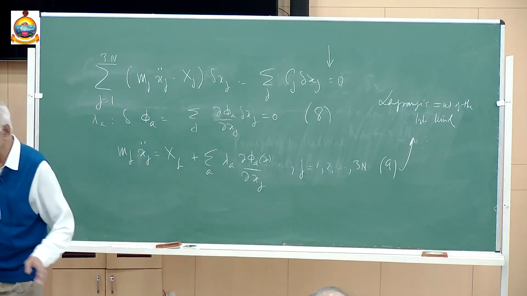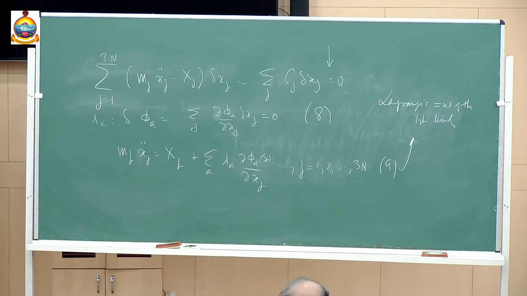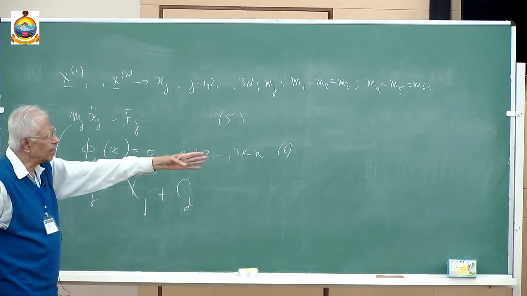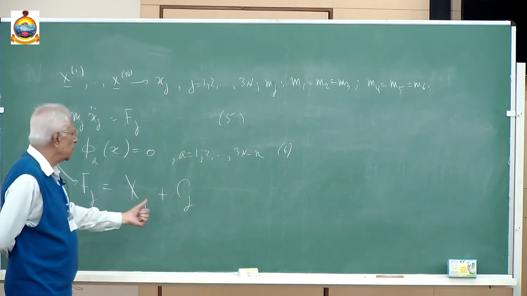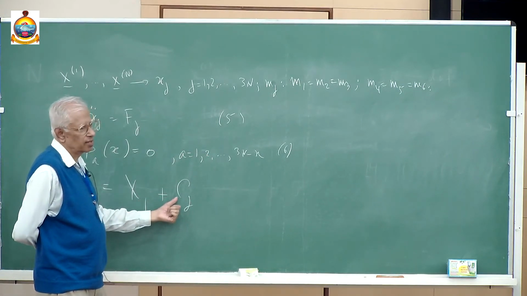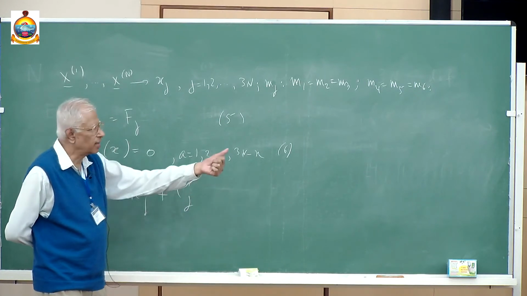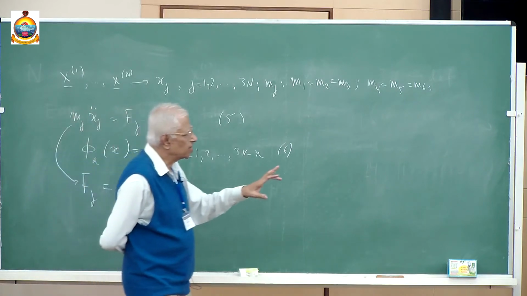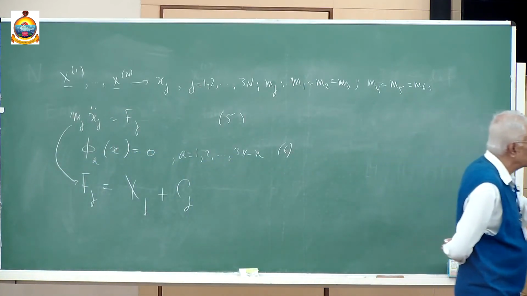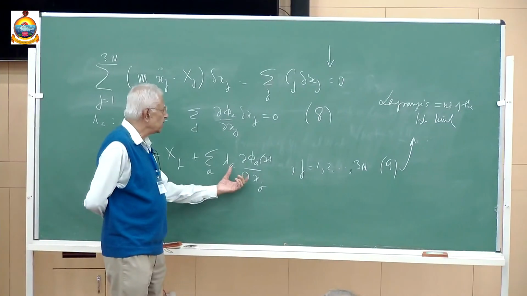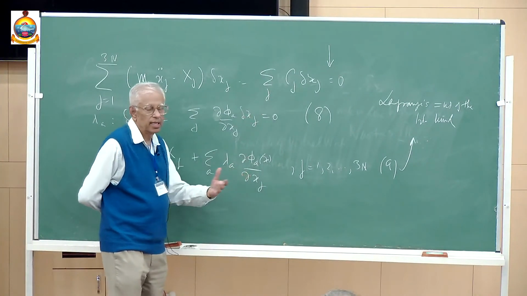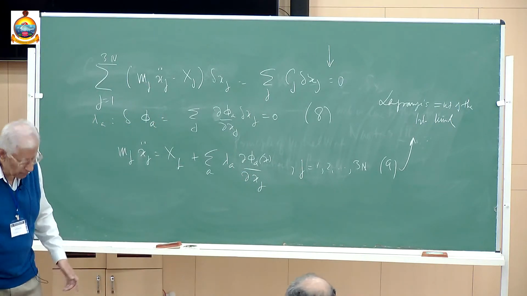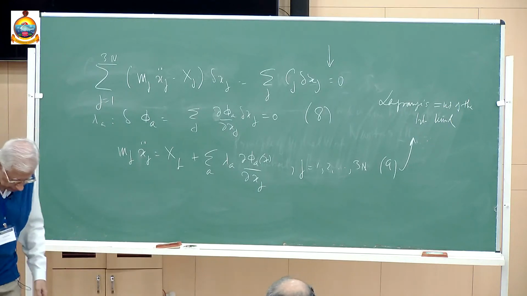The number of these equations is exactly the same as in Newton's way of writing it, but you can see now that you have ended up with a formal explicit form for each of the constraint forces. It is that part coming with the Lagrange multipliers. So the Lagrange equations of the first kind are a way of expressing these constraint forces in a somewhat explicit form. The number of equations of motion is not reduced.